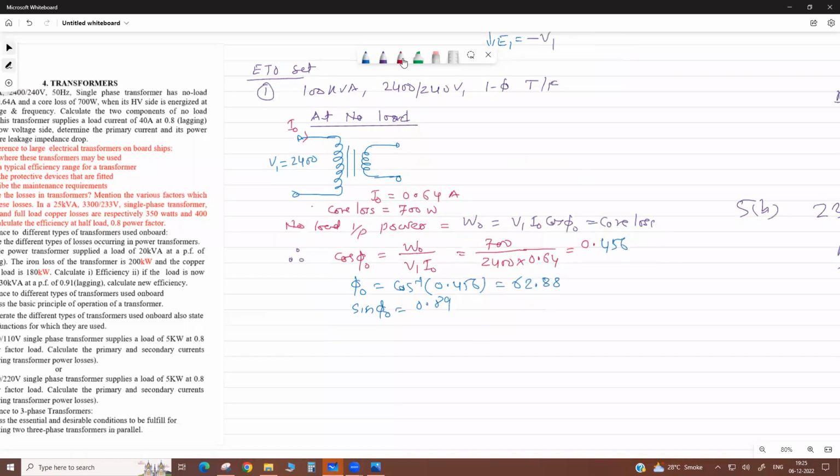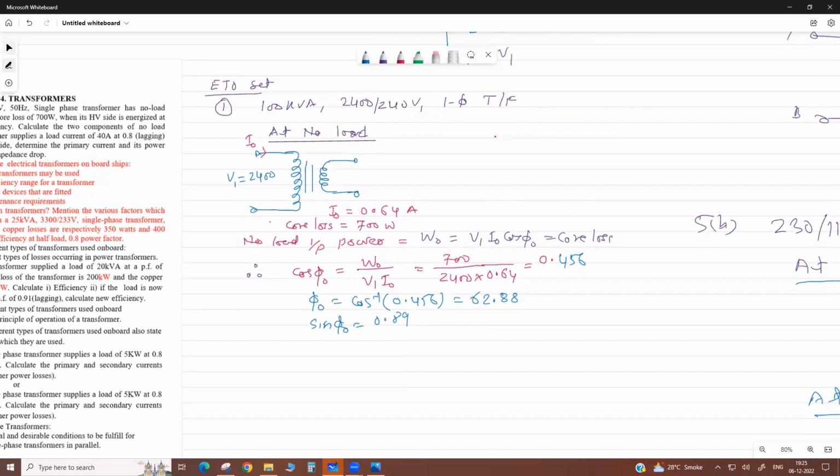Now, when we connect the load, at load condition, this is your primary side, then on the secondary we put a load. So there is a load current I2, which is given as 40 ampere at 0.8 lagging power factor.